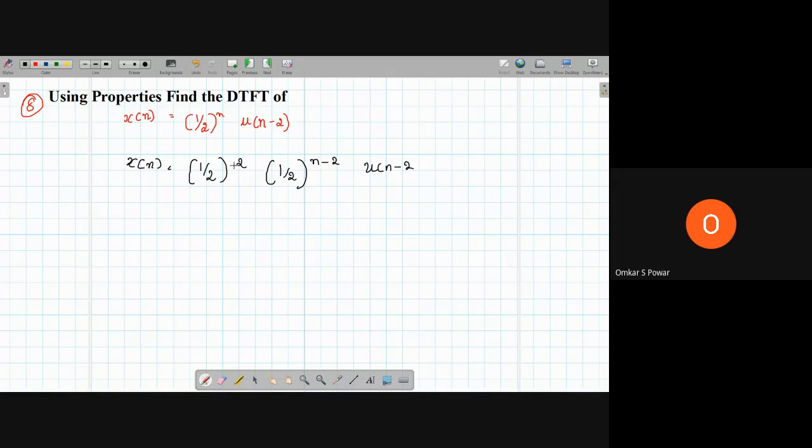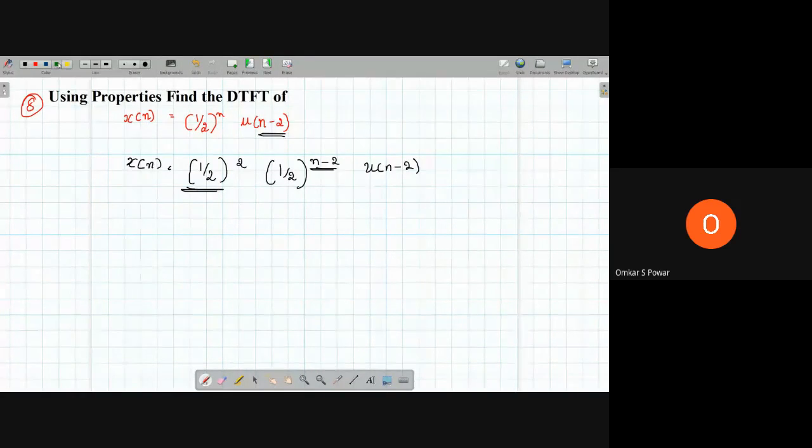I have written it in terms of half to the power of n minus 2, because u of n minus 2 is there. If I express it in terms of n minus 2, it will be easy for me to solve the problem. So I have multiplied by this half square. Do not think I have done some magic here.